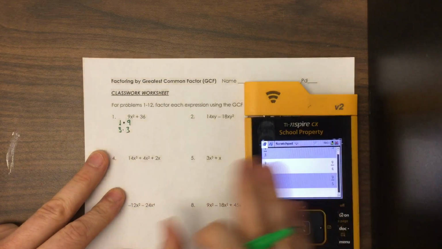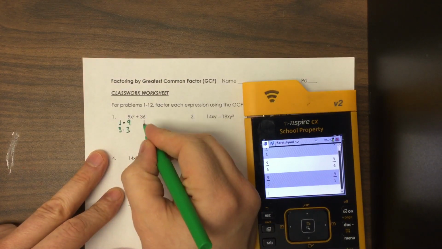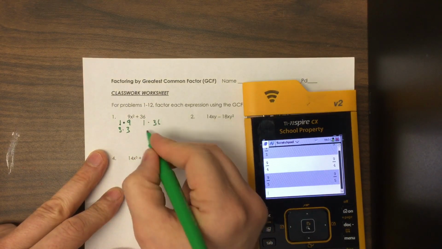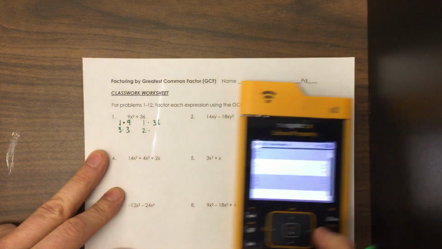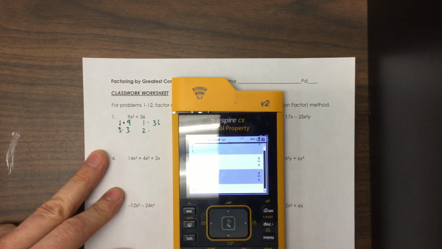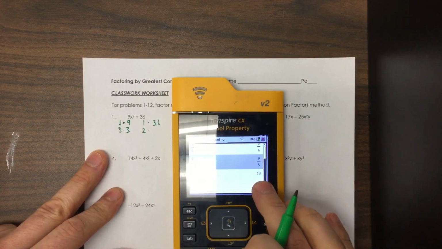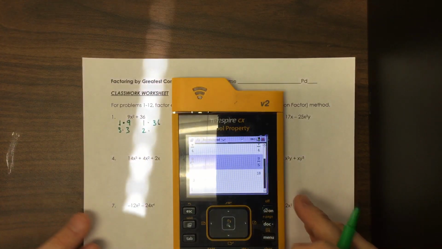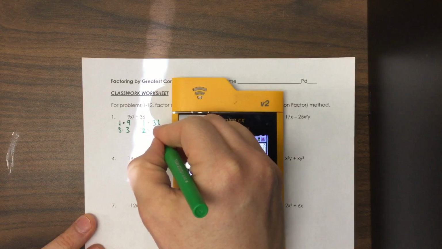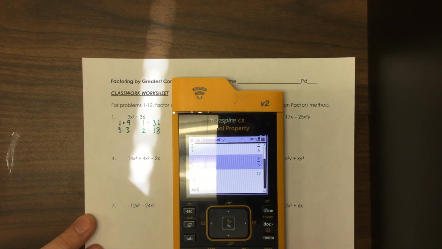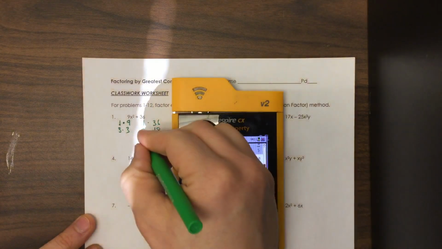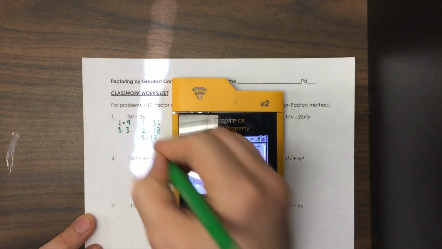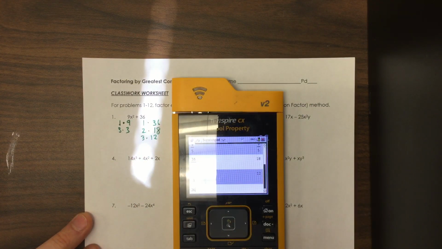For 36, we'll do 1 times 36, 2 times what? We'll do 36 divided by 2. It's going to be 2 times 18. So we have 2 times 18. Let's do 36 divided by 3. We get 12. 3 times 12. 36 divided by 4.